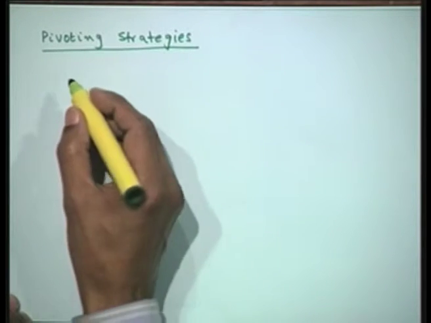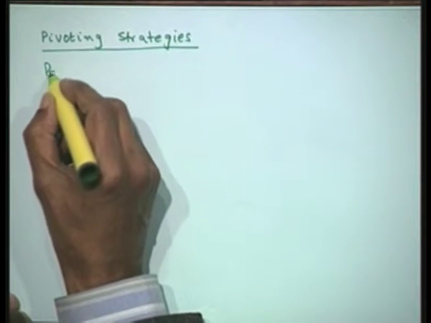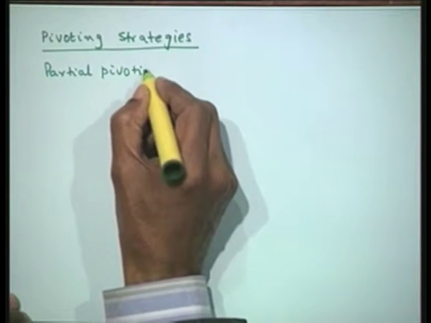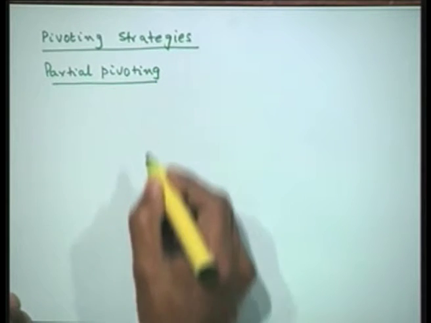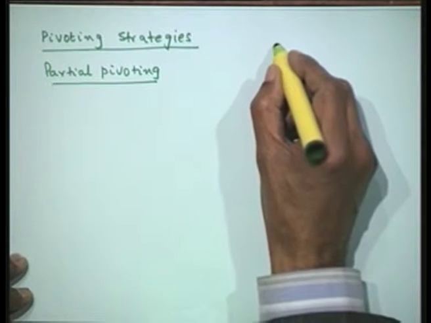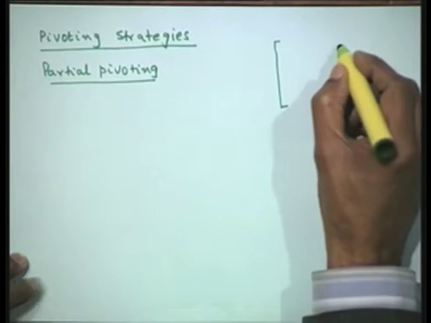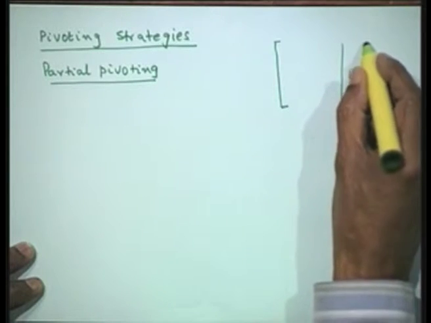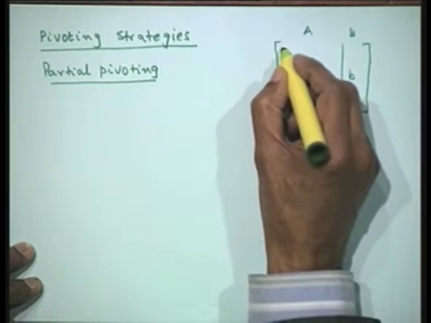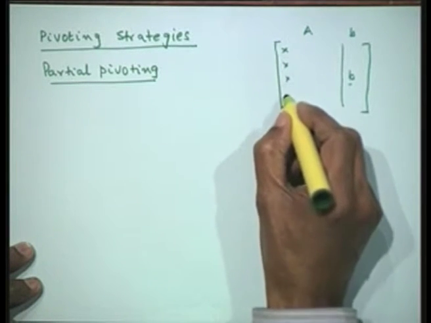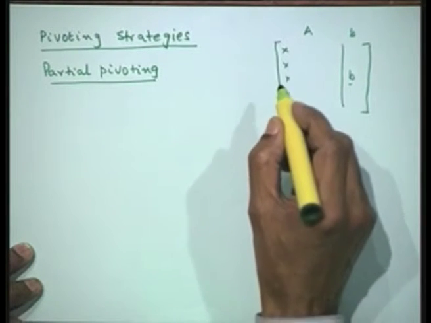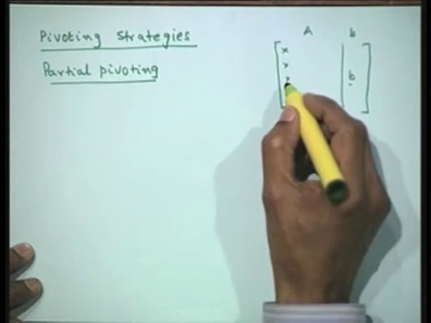The first procedure that we shall use is known as partial pivoting. What we do in this procedure is, when we have our system of equations and the augmented matrix constructed out of it as [A | B], in the first step I take all the elements in the first column, find the largest element in magnitude and bring that as a pivot.